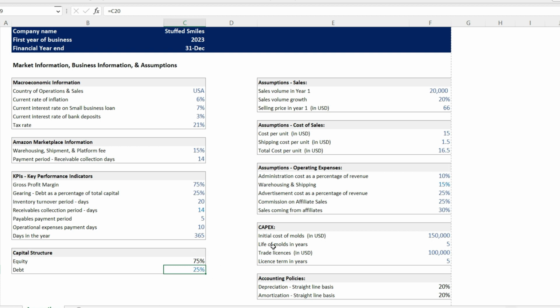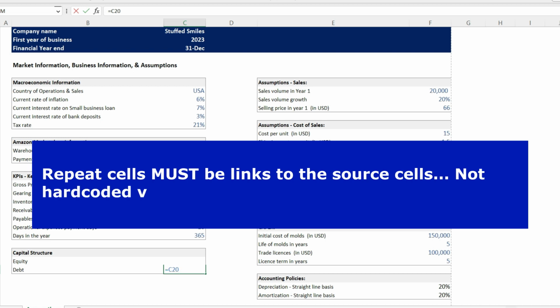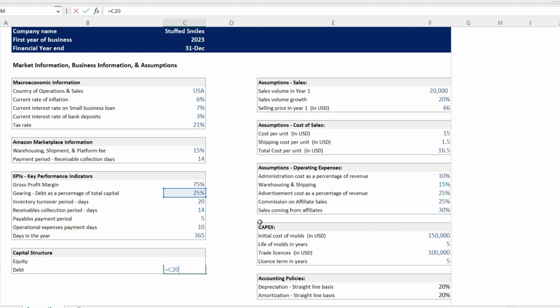But a very important point of repeating is that this cell must be a link to the previous information. We will never ever repeat the value without linking, otherwise this model will break down at some point and it will be very difficult to find out what went wrong and at what point the model has broken.